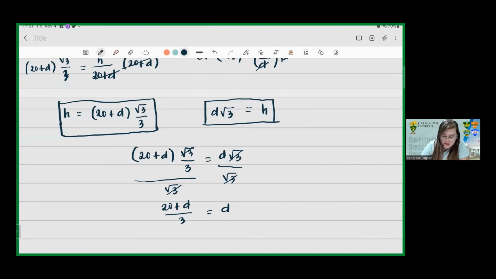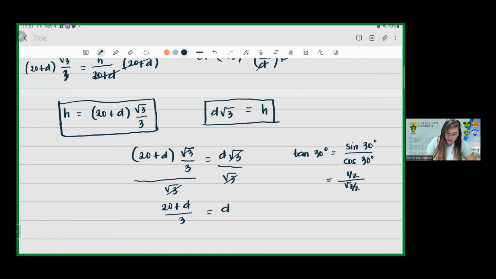Okay, tangent of 30 is equal to sine 30 over cosine 30. The sine of 30 is 1/2. The cosine of 30 is square root of 3 over 2.